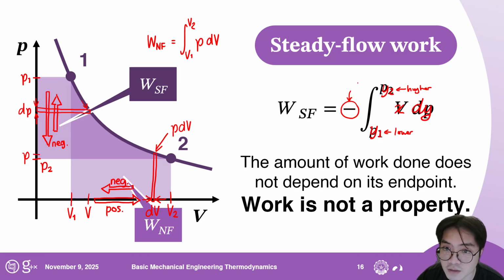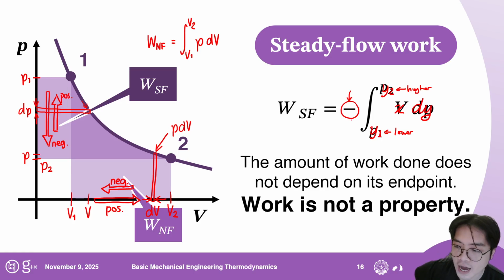And because positive times negative is a negative, you have now seen, oh, the pressure increased. Oh, it was compressed. Therefore, your work is negative. Okay. So that's it. The negative sign is there to account for the correct kind of sign for your steady flow work.